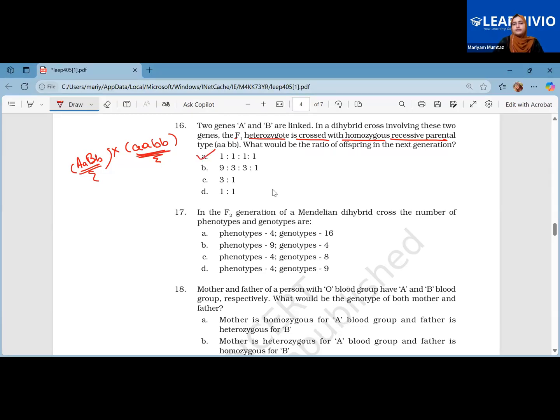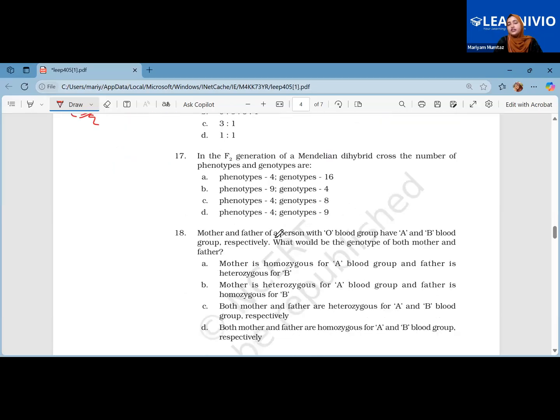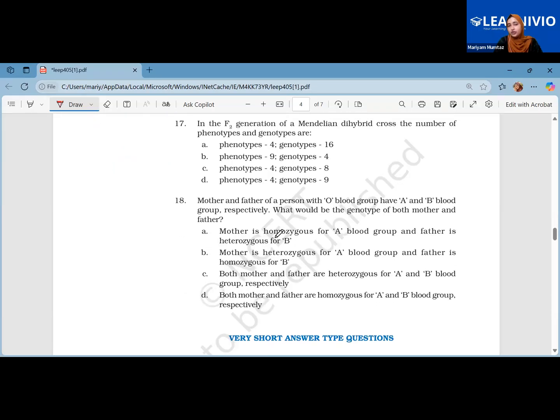Yes, ma'am. Okay, in the F2 generation of Mendelian dihybrid cross, the number of phenotypes and genotypes, in the yellow and green peas.